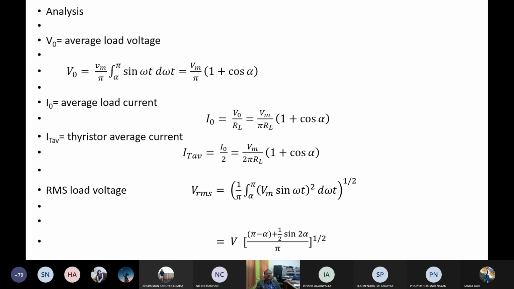I naught, the average load current, is V naught by RL. IT average is I naught by 2. VRMS is this big equation: Vm into the square root of pi minus alpha plus half sin 2 alpha, divided by pi.